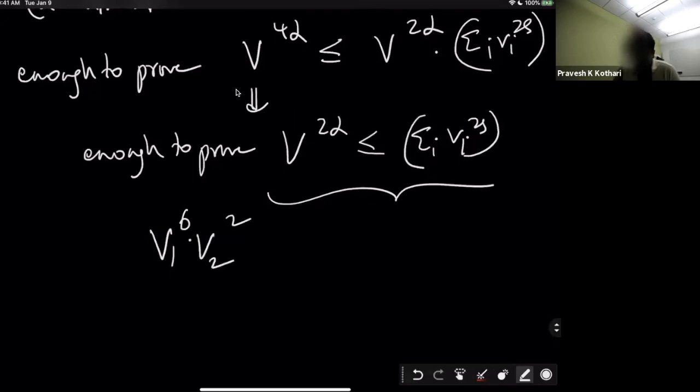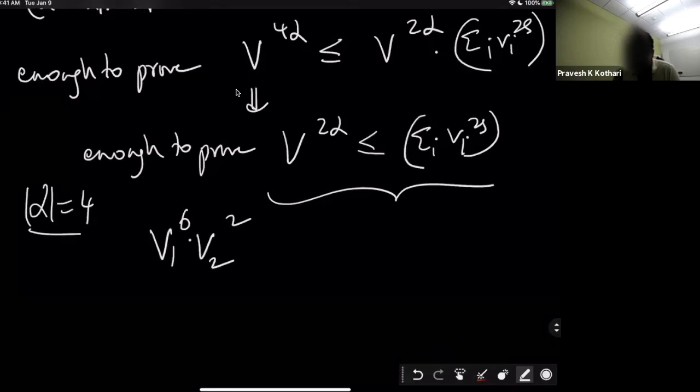So I have taken the 6th power of the first term and the 2nd power of v2. This is a term for alpha of size 4, a multi-set of size 4. If I took a multi-set of size 4 and raised it to the 2nd power, this is what I would get. And I have to prove that this is at most the sum of v_i to the 8. That's an example of this.